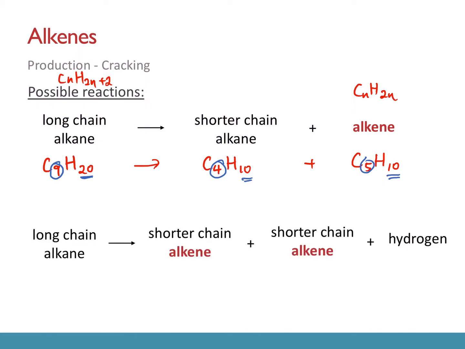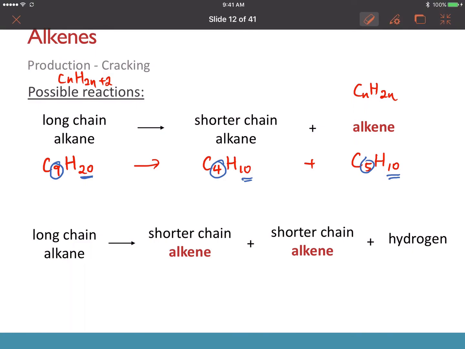Okay, so we have another possibility, which is the long chain alkane can give us 2 alkene molecules and hydrogen. Using the same example of C9H20, it is possible for me to get, let's say, C3H6 plus, remember that the carbon must add up to 9, so C6H12 plus H2.